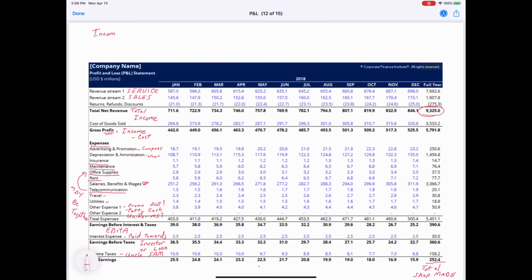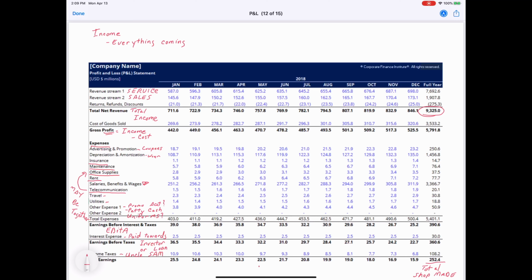So at the top of the form here, I'm just writing in a couple of definitions you need to remember. The income or revenue is simply any money that came in. Now, when we figure out our profit, it's going to be income minus cost. Cost is not expense.